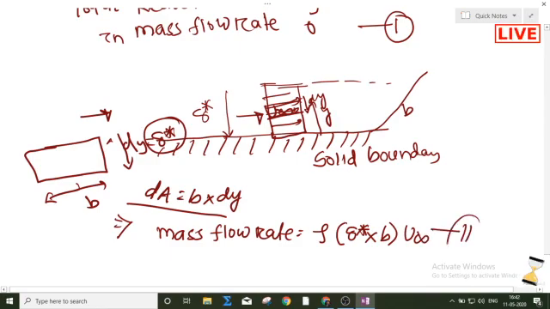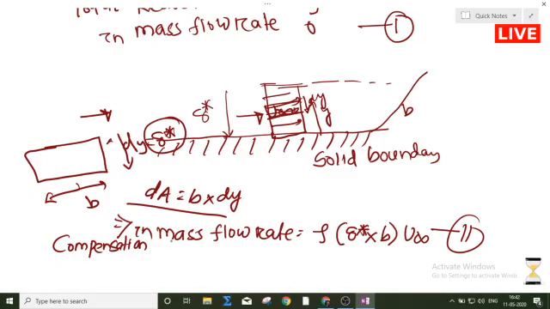This is equation 2, the compensation in mass flow rate. Equation 1 is the total reduction in mass flow rate, and it must be equal to the compensation in mass flow rate. This is the definition of the displacement thickness.